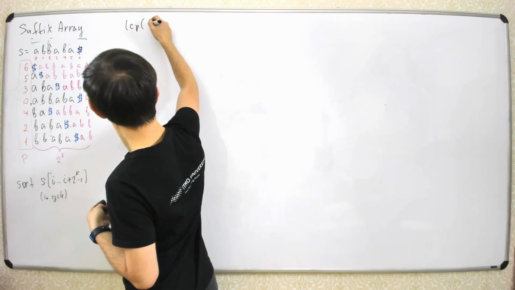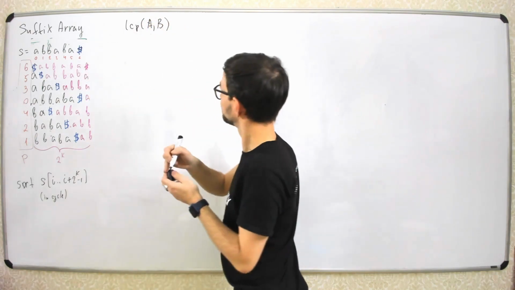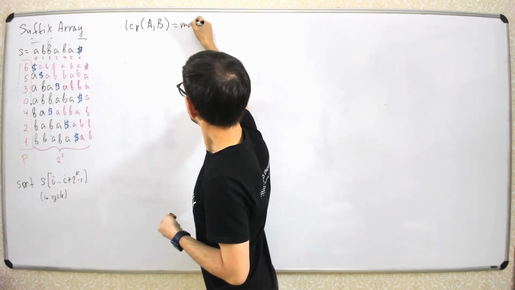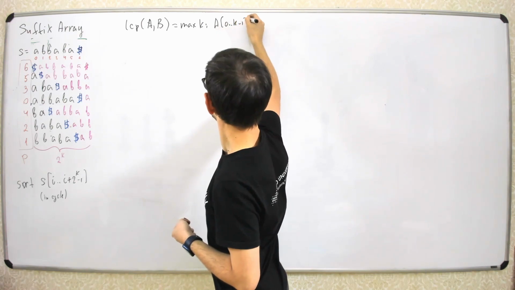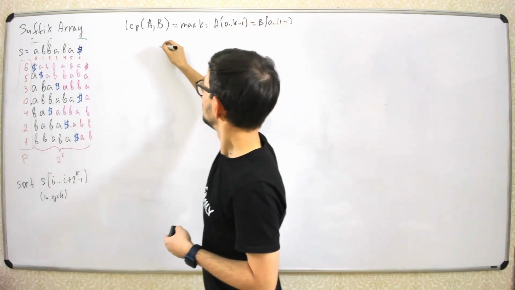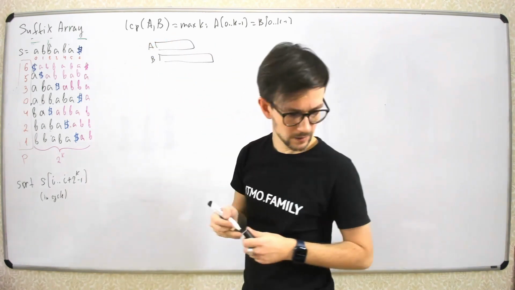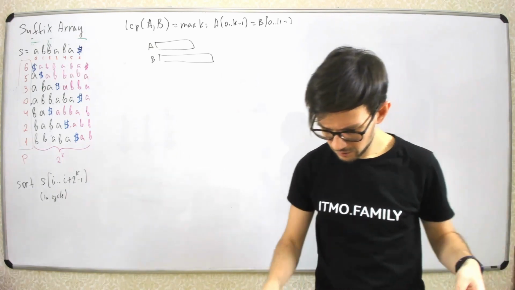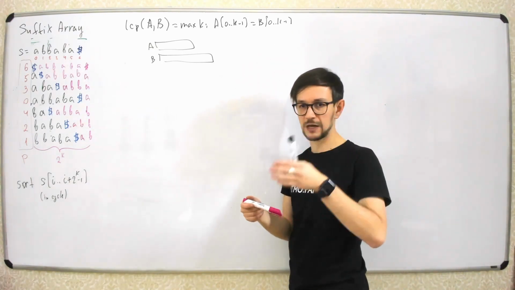LCP of strings, let's say A and B, is just the maximal k such that string A from 0 to k minus 1 is the same as B from 0 to k minus 1. So basically you take strings A and B and find the maximal number of characters in the beginning of the string that are the same.